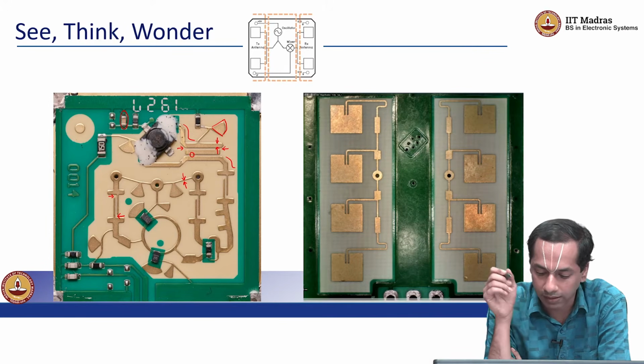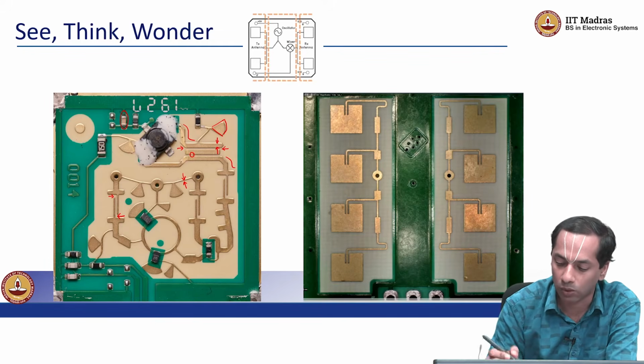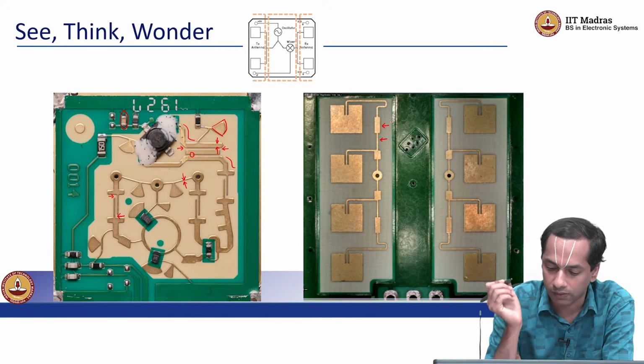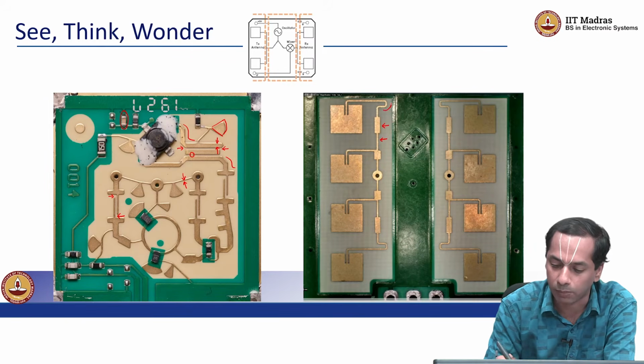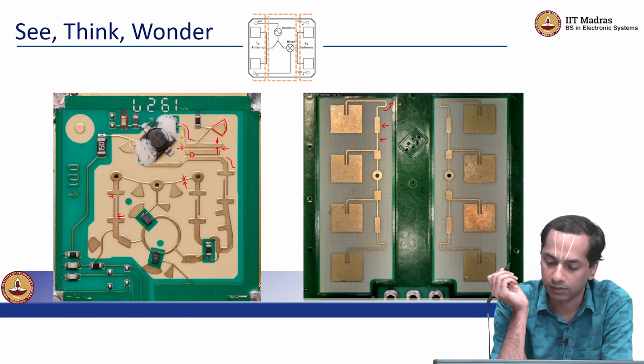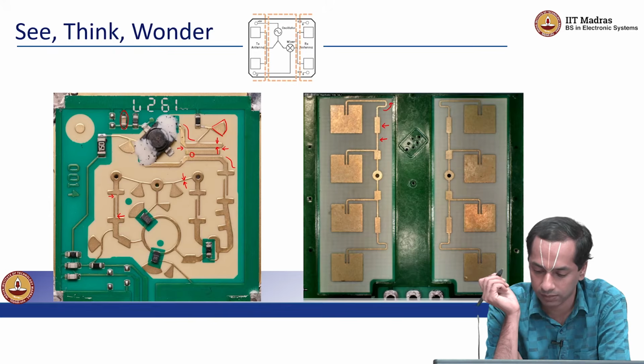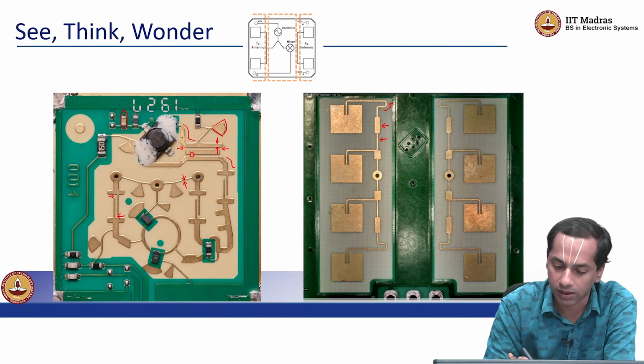And looking at the back side, we also see some more interesting features. We again see the variation in widths. We notice some bending that may or may not have been required. We look at very interesting geometries and shapes.